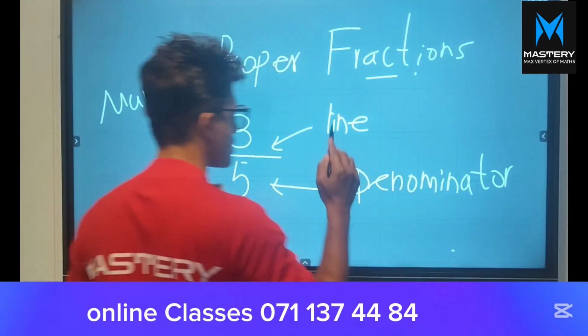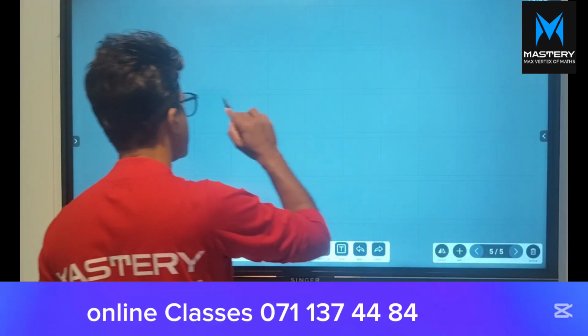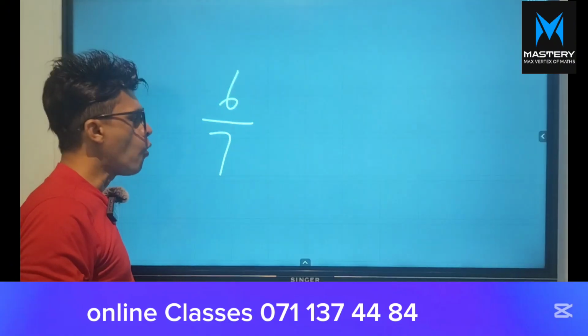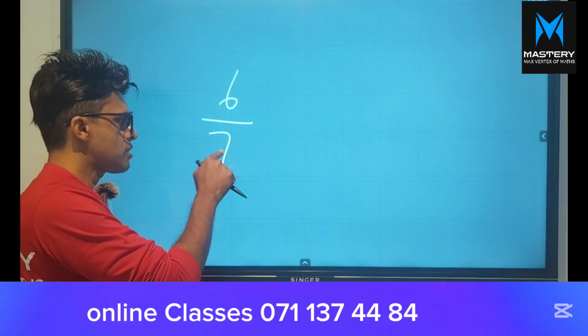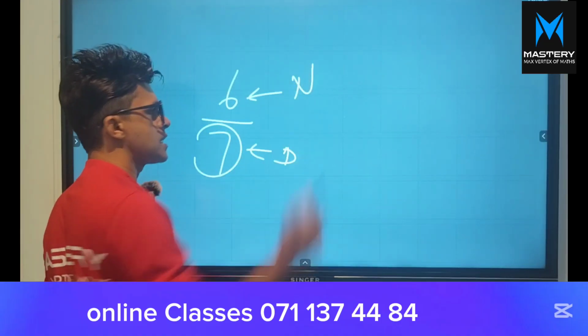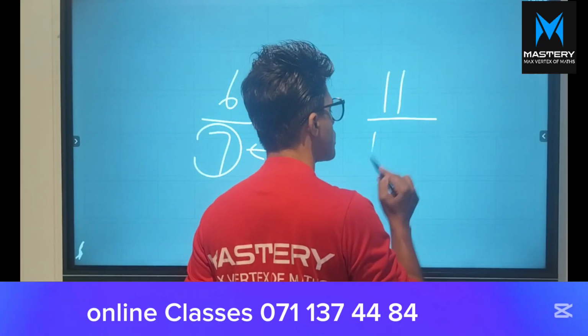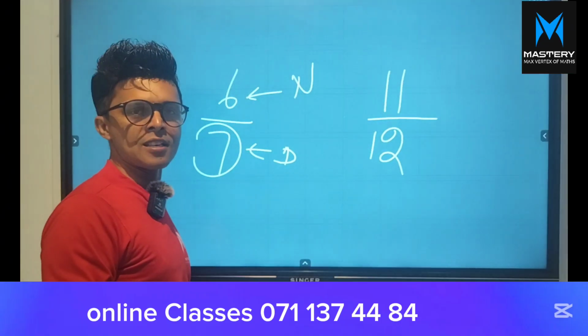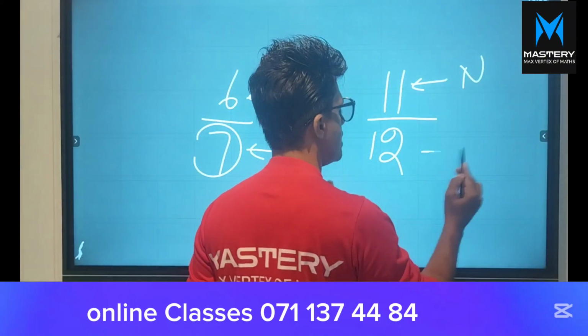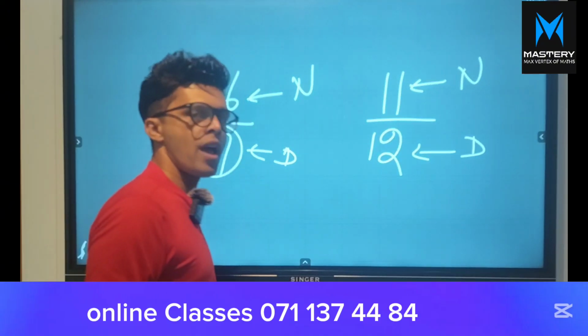Okay, so what is the denominator here? This is 6 over 7. The denominator is 7. Numerator is 6. Then here 11 over 12. What is numerator? The numerator is 11. The denominator is 12.